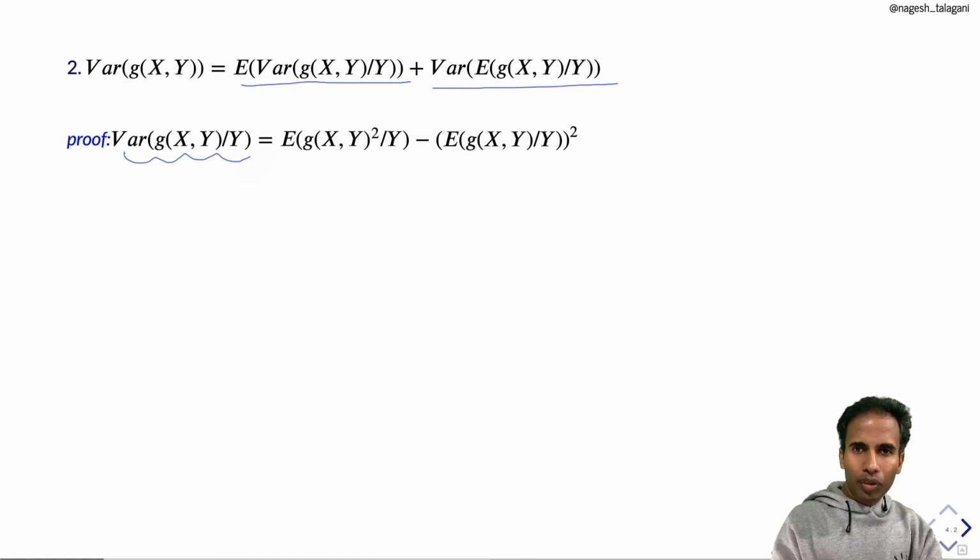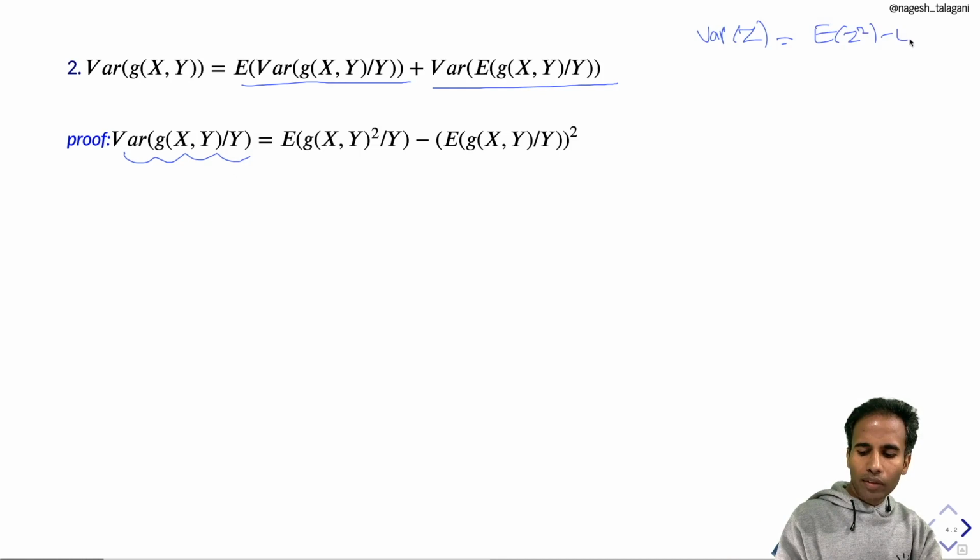So how do we compute the variance of some random variable? Let us say the variance of some random variable Z is the expectation of Z square minus the expectation of Z whole square, right? If you think of this whole thing as some random variable, then it should be the expectation of g of xy whole square given y, minus the expectation of g of xy given y whole square.